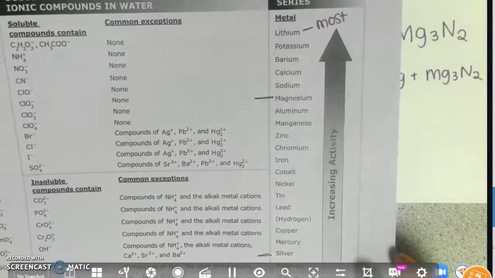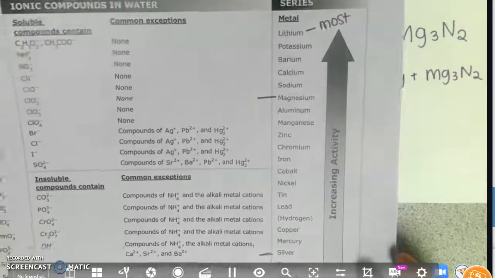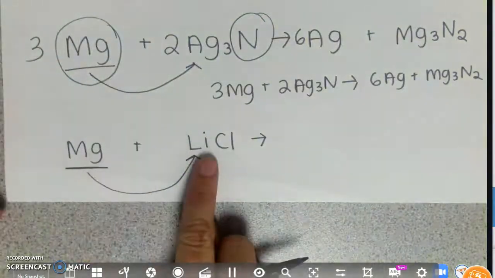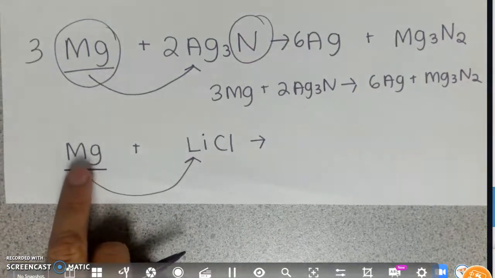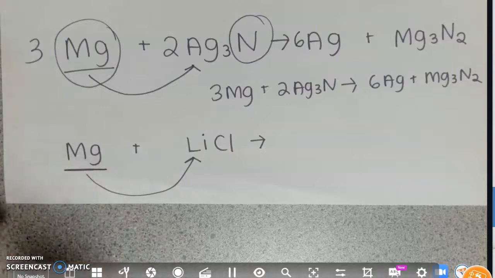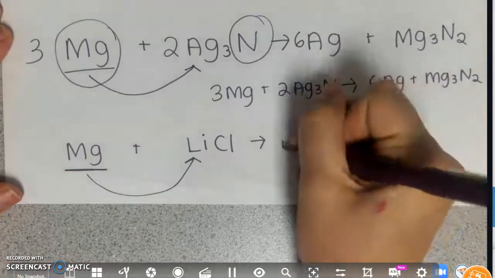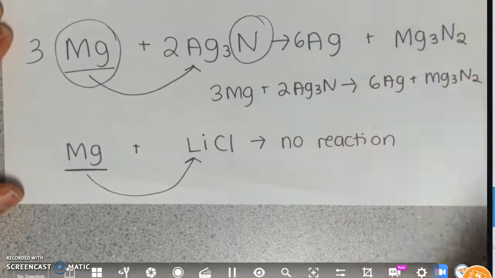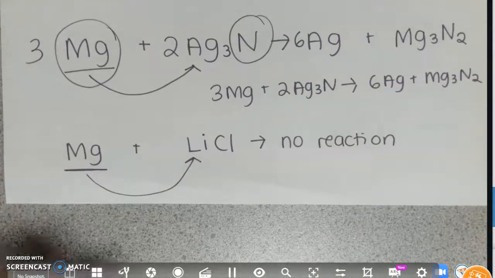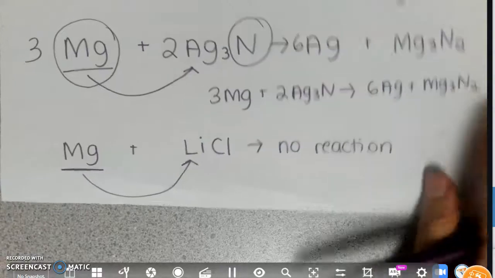Well, it's not. Lithium is more reactive than magnesium. So magnesium cannot replace lithium. When the element that's by itself is lower on that list, nothing happens and you write no reaction. And that's it. So that's basic single replacement.